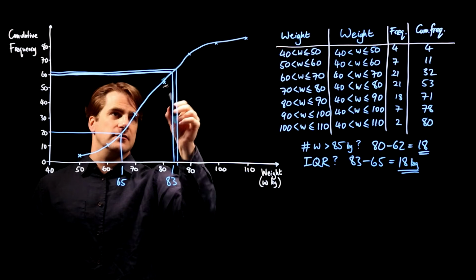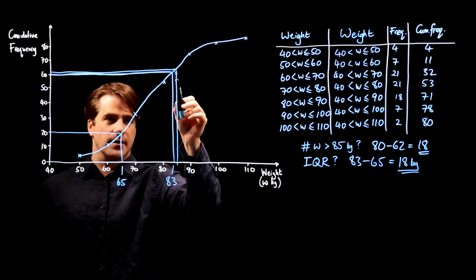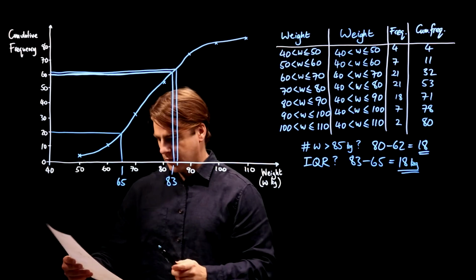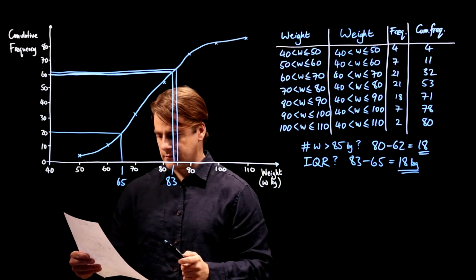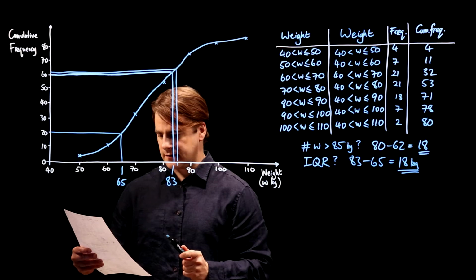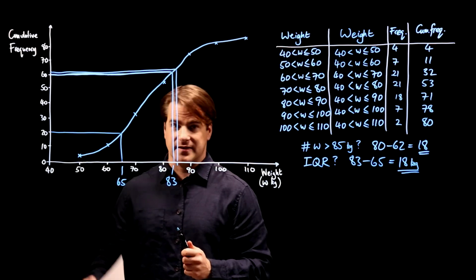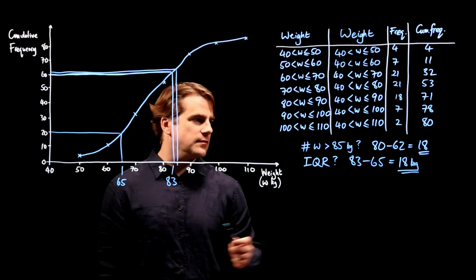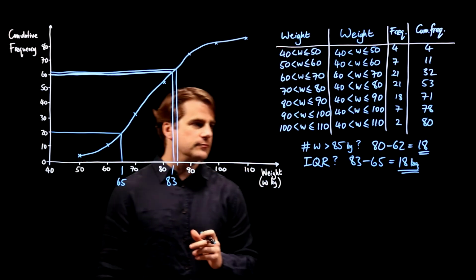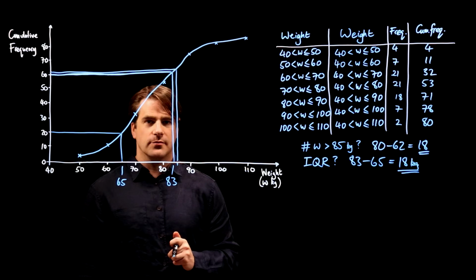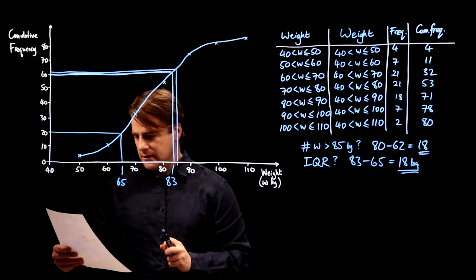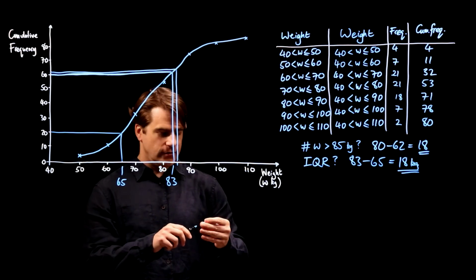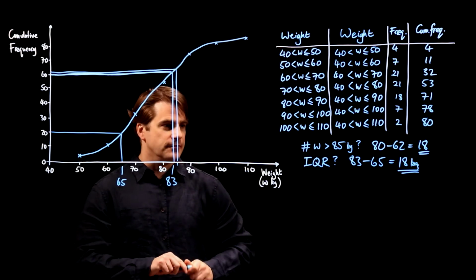So this bit's going to be different slightly, maybe. Anyway, they allow anything between 18 and 22, and I've got 18, so that's fine. 18 kilograms. Good. Okay. So that's it. That's how you do interquartile range.